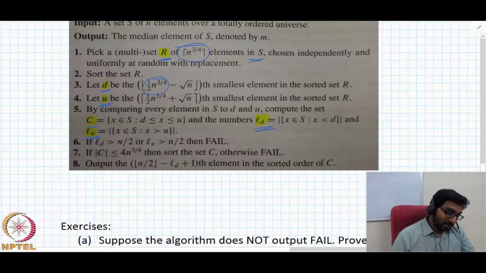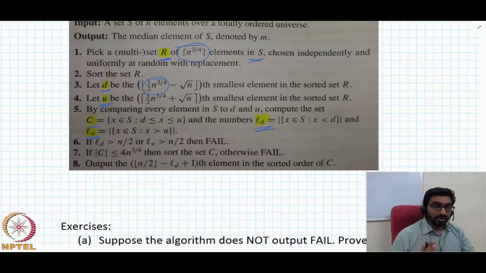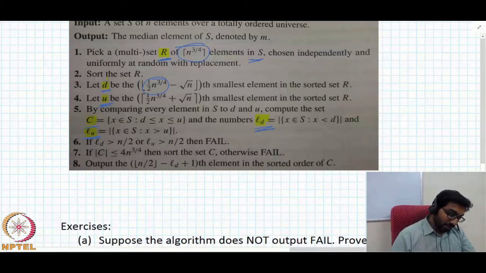If that were the case, then the median is smaller than D, and so that's a bad choice of D. Similarly, the number of elements that are larger than U should also be less than n by 2. If it's greater than n by 2, then again your choice of U has been bad.